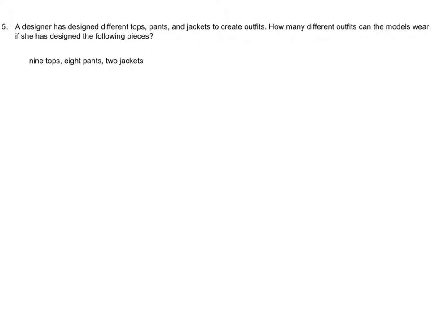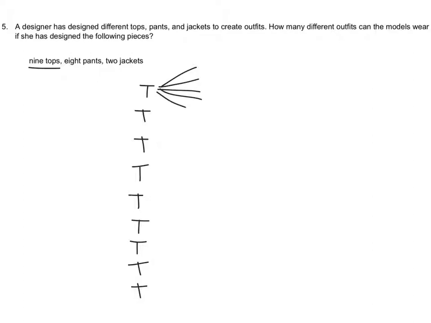If we had 9 tops, then the first column of our tree diagram would be the 9 different tops. Then from there, we would draw 8 branches on each top to represent the 8 different pants.